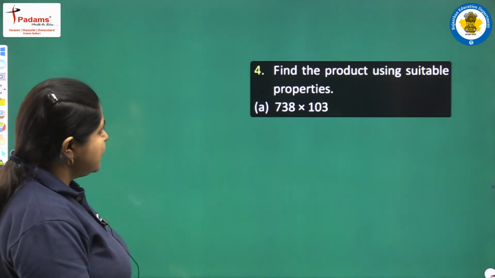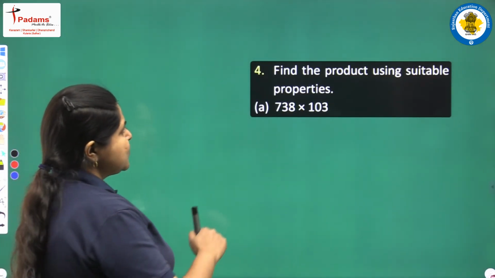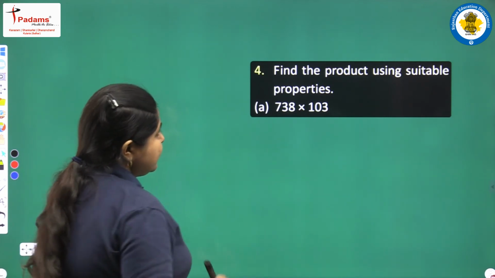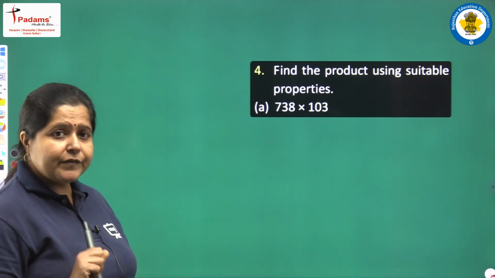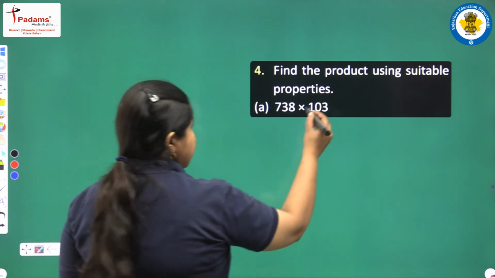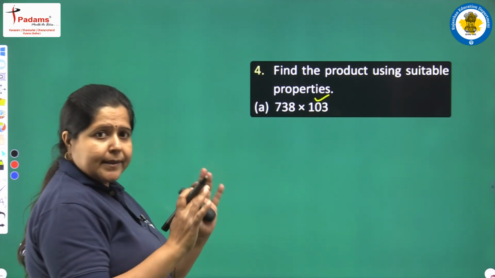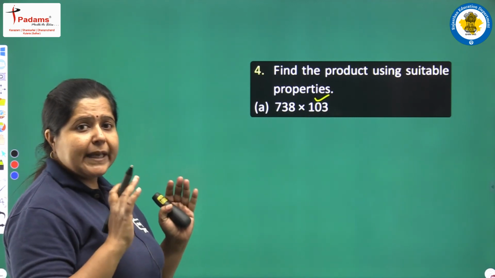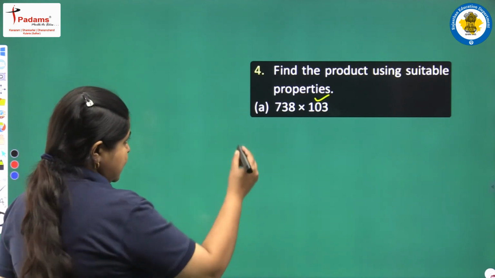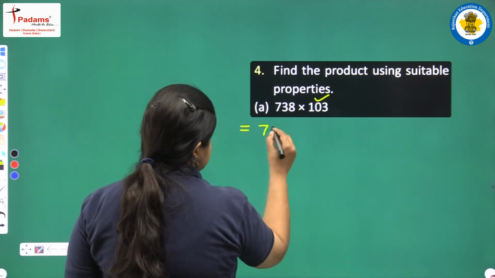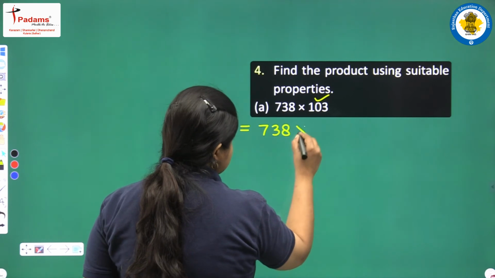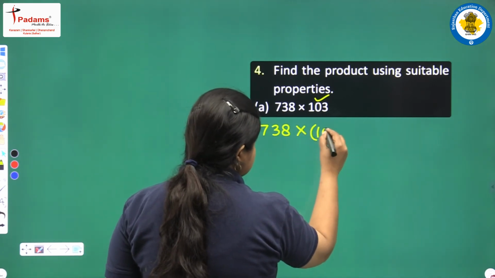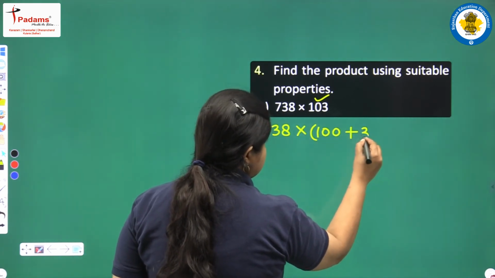We have the next one, find the product using suitable properties. Here we are having two numbers. What we will be doing is, we will break this number into two parts because only then we will be able to apply the properties. Let us do this. 738 into, we can break it up into 100 plus 3.